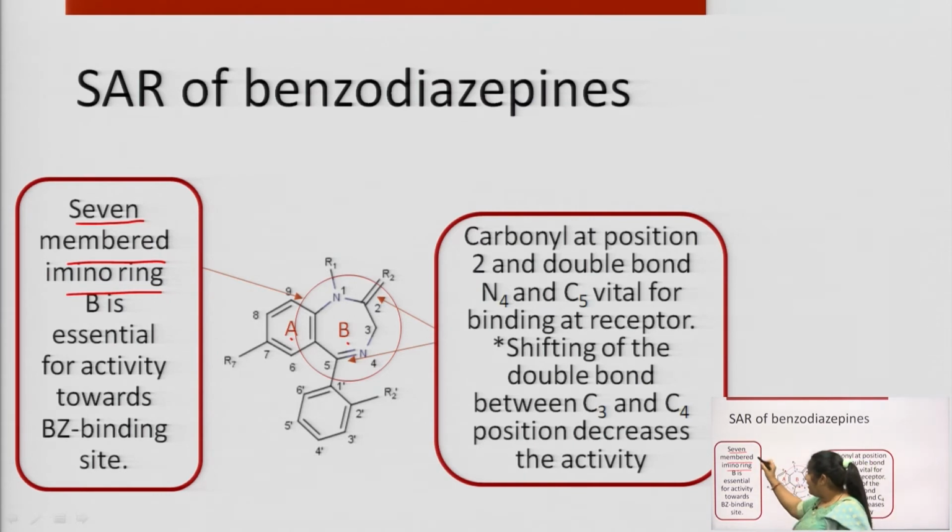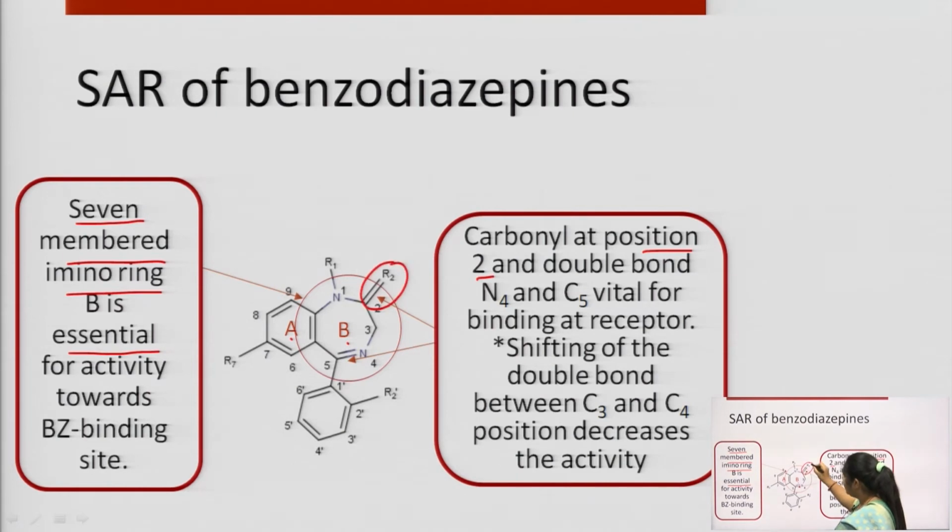So we have to focus on this 7-membered ring. This 7-membered ring is essential for the activity. When we talk about the binding of benzodiazepine at the GABA receptor, then this 7-membered ring is an essential component of benzodiazepine.